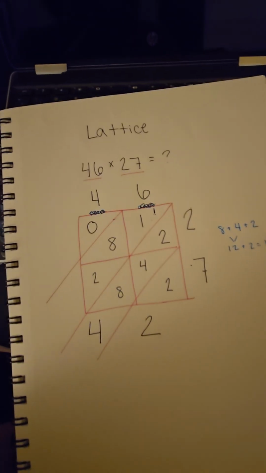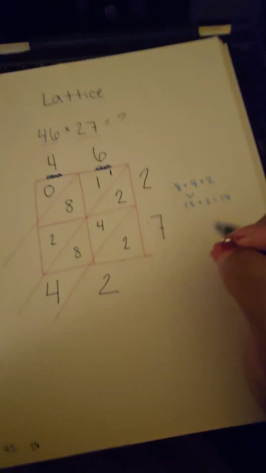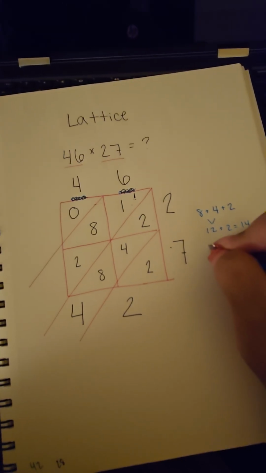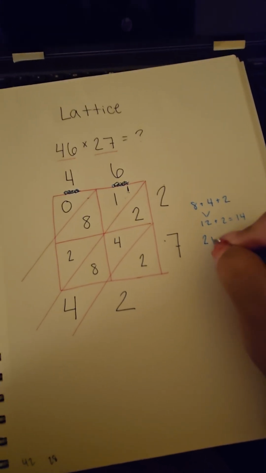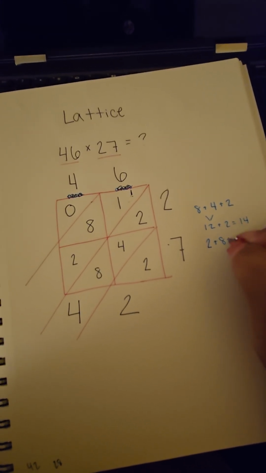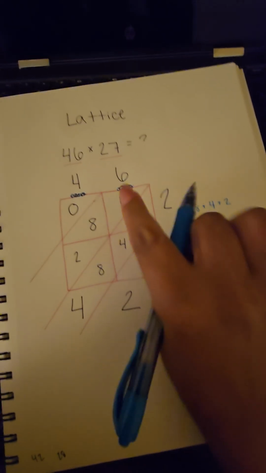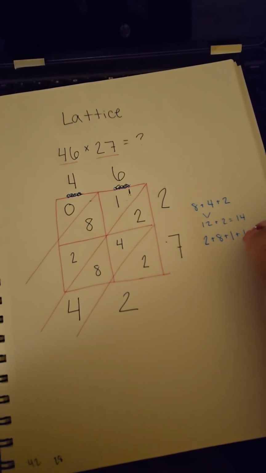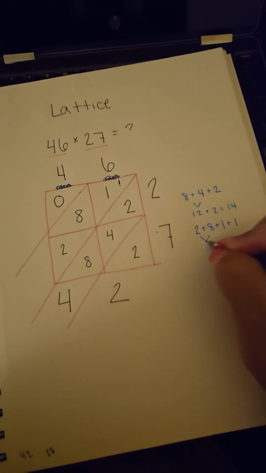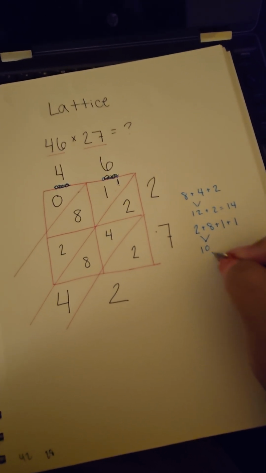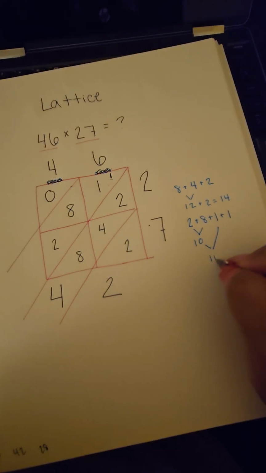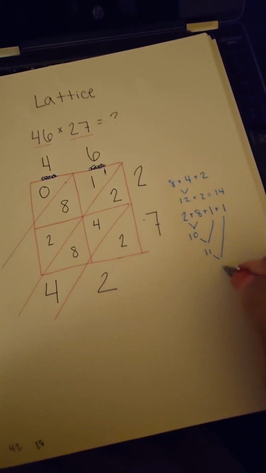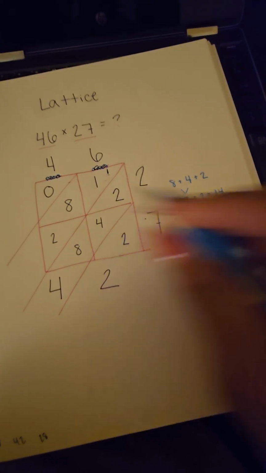So for this one, we then have 2 plus 8 plus 1 plus that added 1 that we regrouped. And this would be 10 plus 1, 11 plus 1, 12.